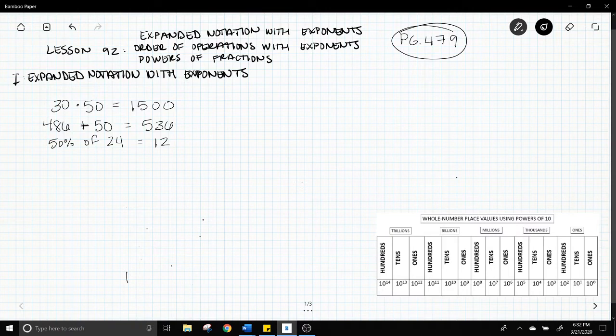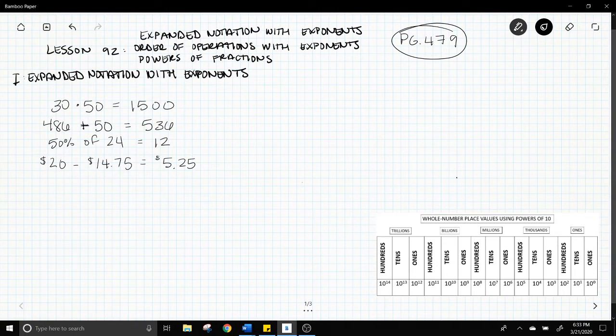Letter D, we have $20 minus $14.75. So think for a minute, what's $20 minus $14.75? The answer is $5.25. Naturally, this isn't enough time to really do these problems, so if you need to pause it, like I said, please do so.